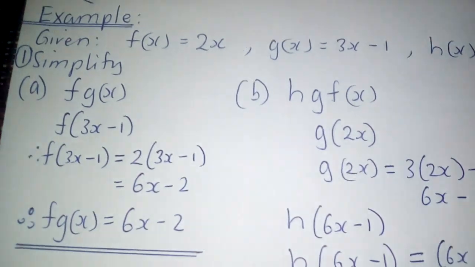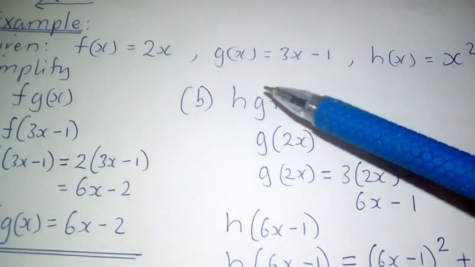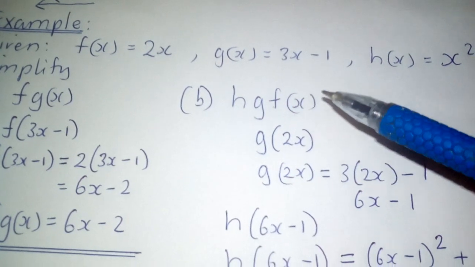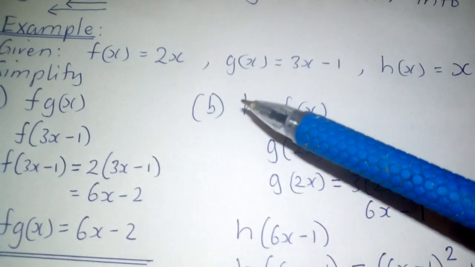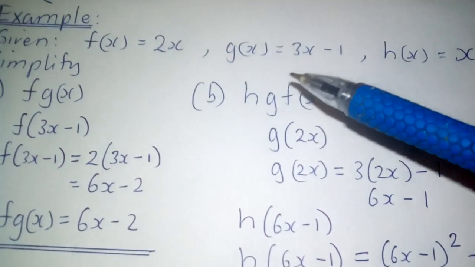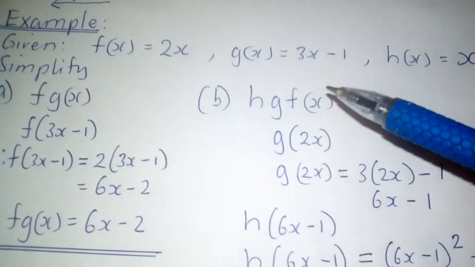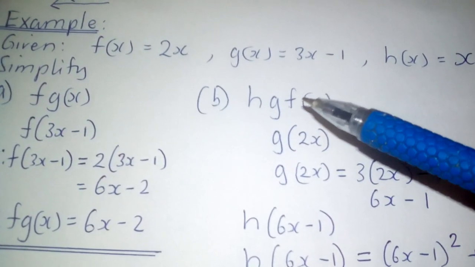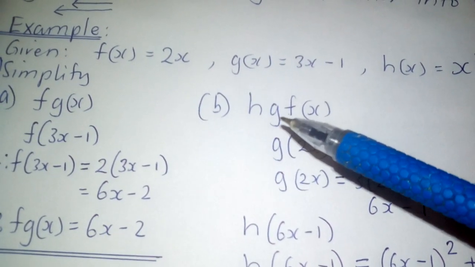If I have two combinations, that is function f, the next one function g, and the next one function h. Remember, the first function near to the x will be solved first, and hence this function of f will have to enter inside x of g.